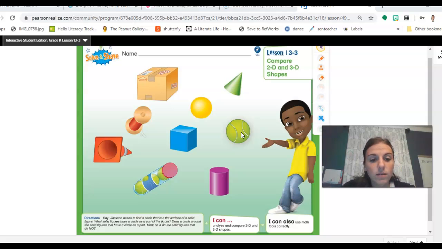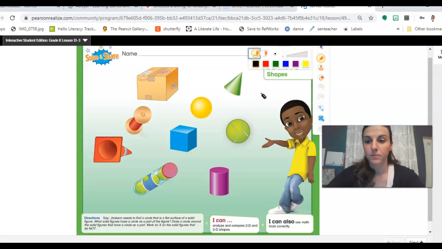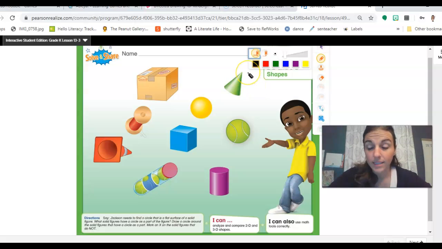Okay, so he wants to find a circle that is a flat surface. So you want to look here and circle all of the figures that have a circle as part of the solid shape. If you look right here, does a cylinder have a circle on it?